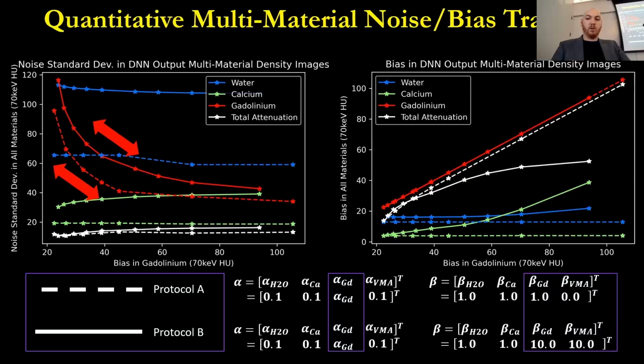For both protocols, you see this trade-off between noise and bias in just the gadolinium channel without much effect on noise in the other channels. For protocol A, increasing the bias in the gadolinium channel leads to this linear increase of bias also in the attenuation images. But for protocol B, there's lower bias in the attenuation images at the cost of this compensatory bias in the calcium channel.